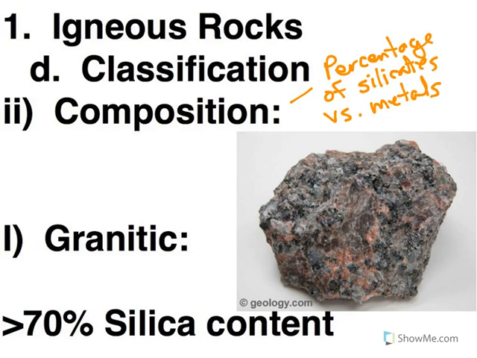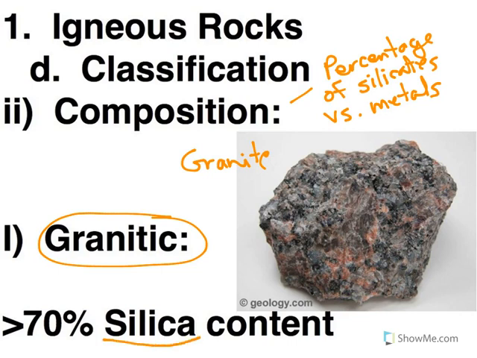So our first category is granitic, and as the name implies, granite does count as a granitic igneous rock. This is a picture of granite. And granite has a very high silica content. So we're looking at not much metal, but a lot of the silicates.